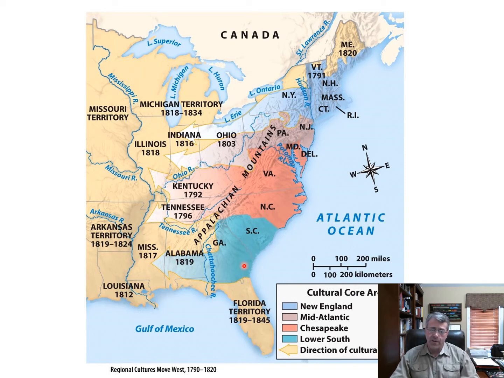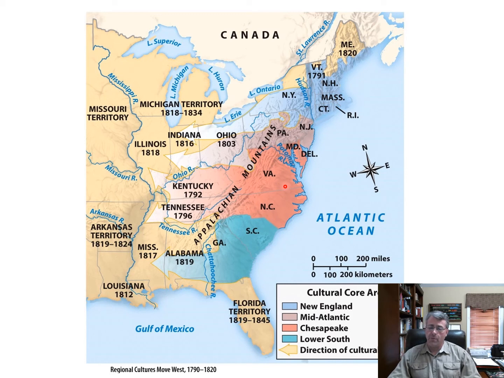In the south we'll see continued emphasis on plantation agriculture. These two forms of economy will become part of the agenda in that region as far as how they're represented in Congress. So we'll see a very competitive relationship developing between these two regions in terms of having their voices heard within the federal government.